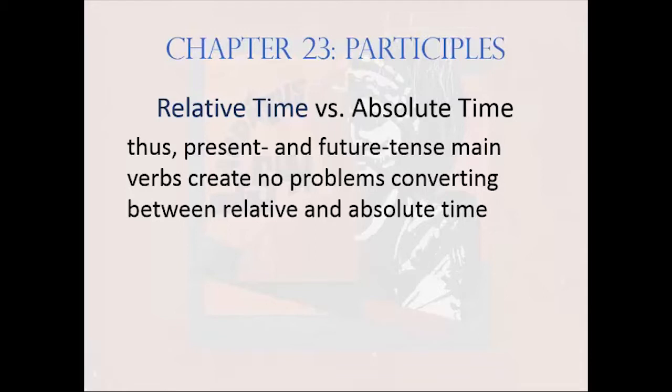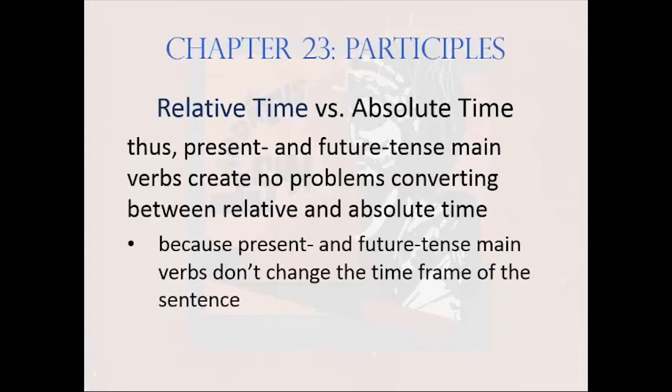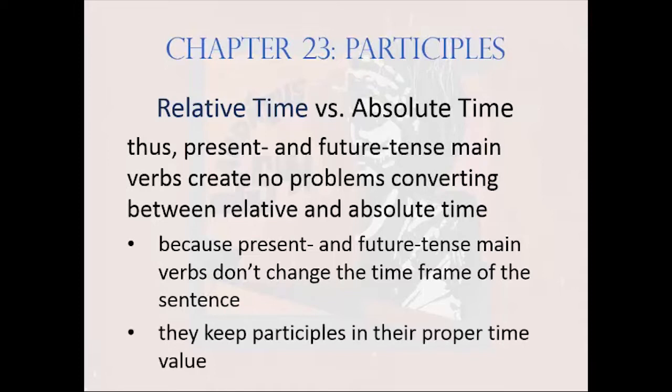In the end, when the main verb is either present or future tense, you don't have to worry about changing the relative tense of the participle if you convert it into a clause with a finite verb that shows absolute time, because present and future tense main verbs don't change the basic time frame of a sentence. Participles stay in their proper tense and don't change time value.